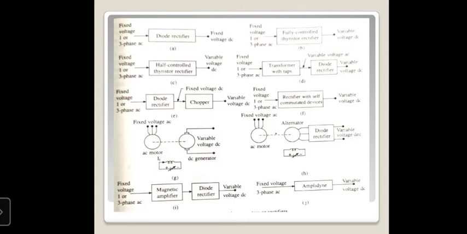Do you know what is uncontrolled or control rectifier? Good. In case of uncontrolled, we use diode, and in case of control, we use thyristor. By using thyristor, we can vary the output.